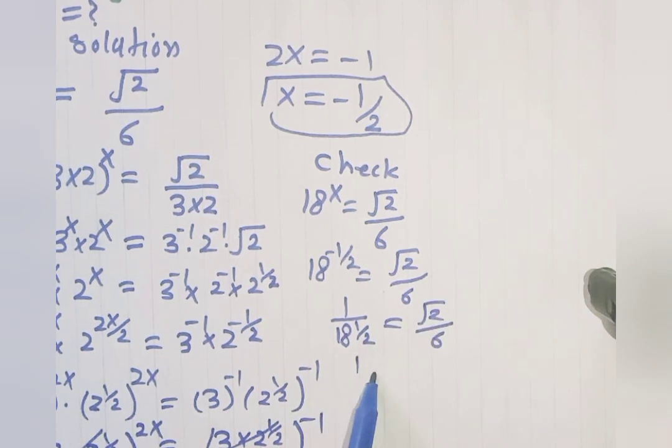If we solve we get 1 over square root 18 equal to square root 2 over 6. So this one also I can write as 1 over 3 square root 2.